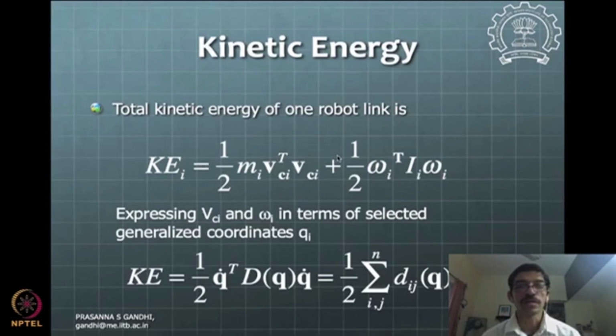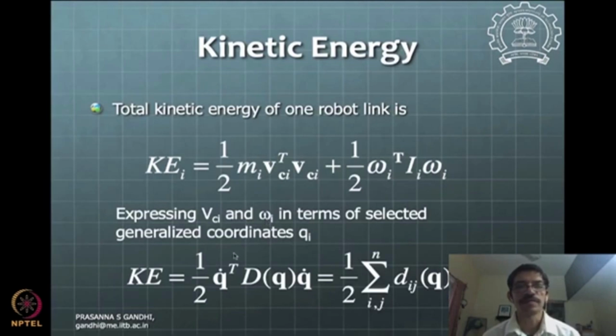Now this kinetic energy we need to express in the form of generalized coordinates. This quadratic form can be expressed in the generalized coordinates. This is possible by expressing, as we have seen in the 2R manipulator, the velocities of the CG and the omegas in generalized coordinates.